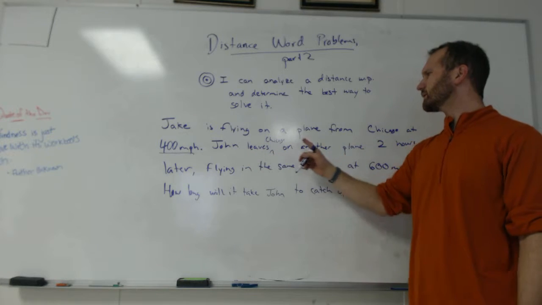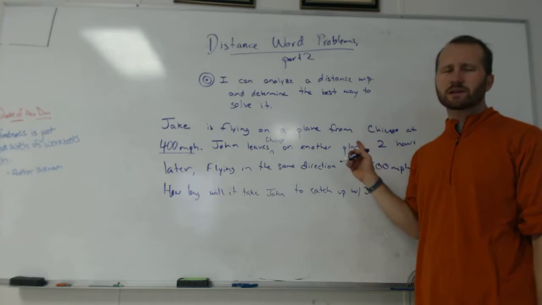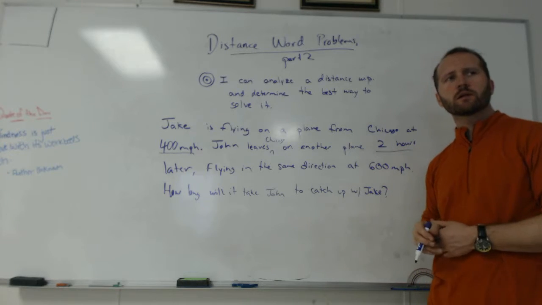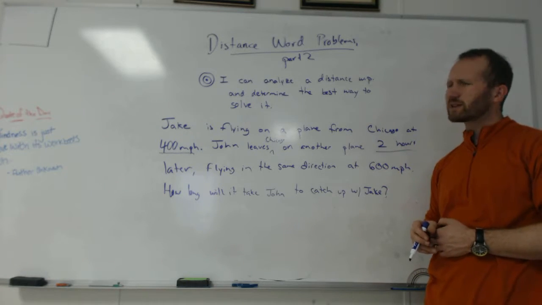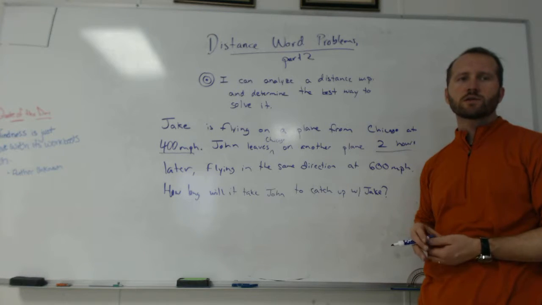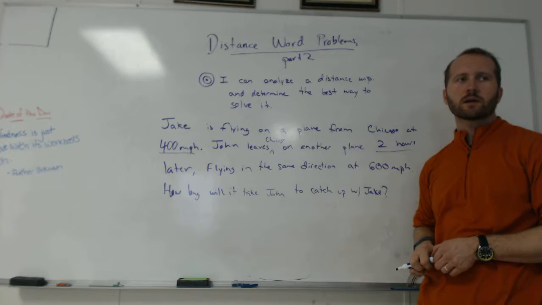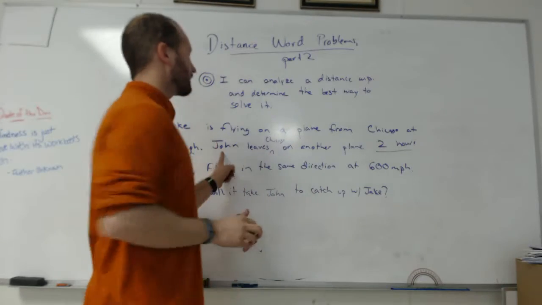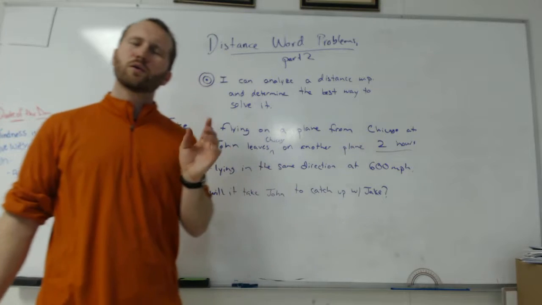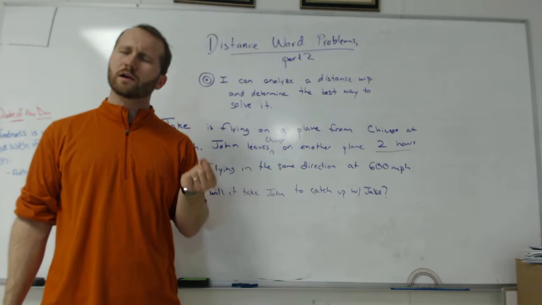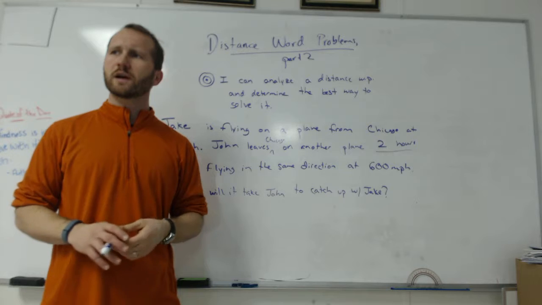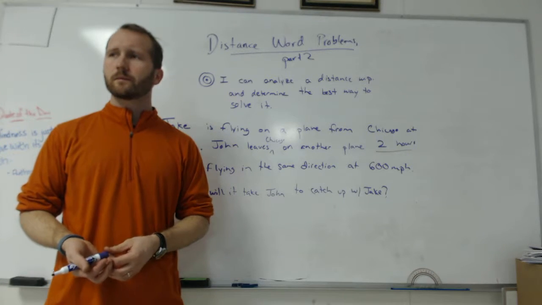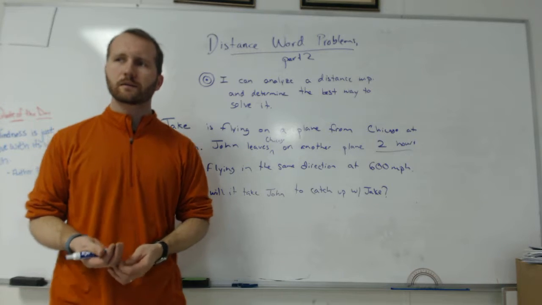Then it says John leaves on another plane 2 hours later. What is 2 hours? What is that telling us? 400 miles per hour was a rate. 2 hours is a time. Now, I want you to read this sentence again and tell me, who is traveling for the longer amount of time? John or Jake?